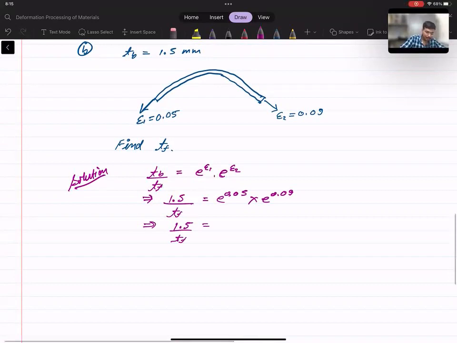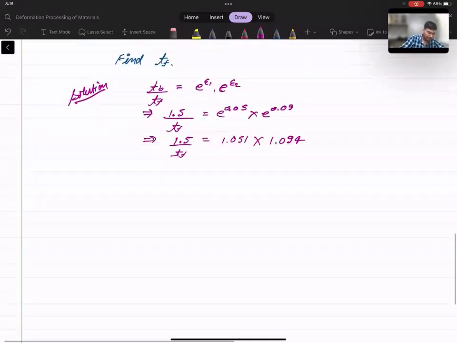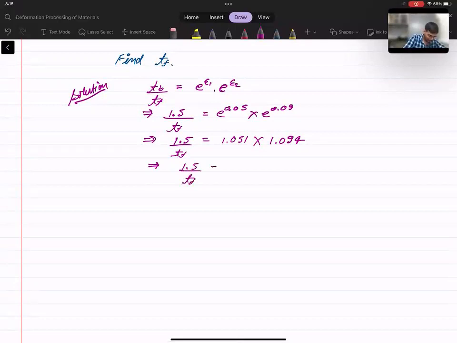These values come out to be 1.051 and 1.094. Solving this, it becomes nothing but 1.144.